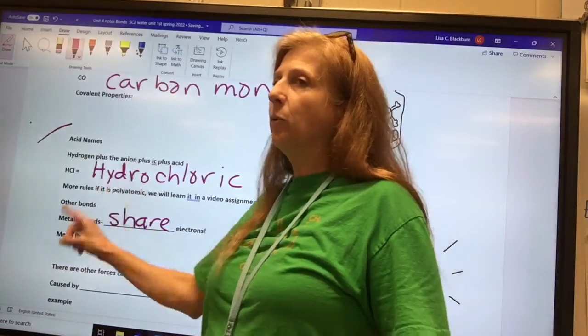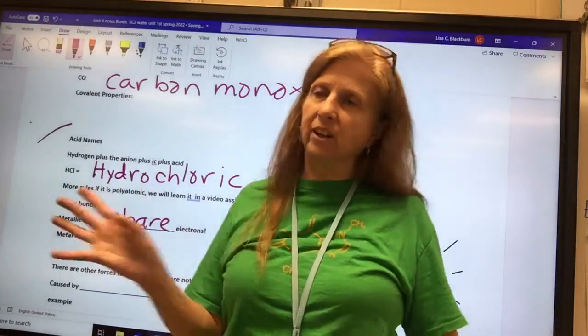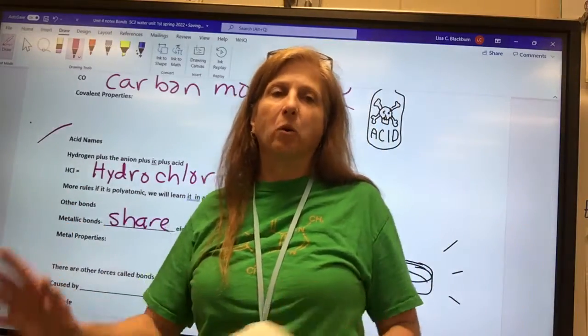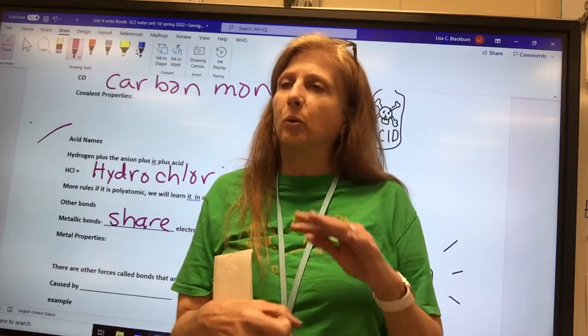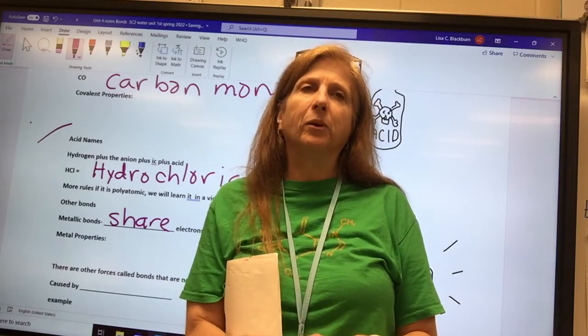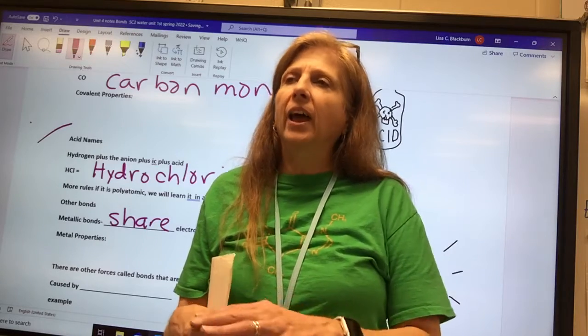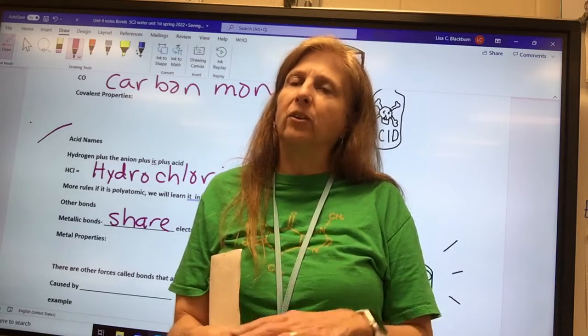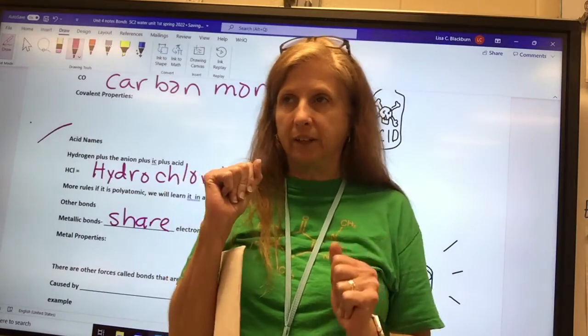So this is metal with metal. Now, these are our hippies letting their little electrons run wild and free wherever they want. And we did this when we did our penny lab, where we took the copper pennies and we plated them with zinc, and then we heated them so it became brass. And those were just metals bonding to metals, letting their little electrons run wherever they want to.